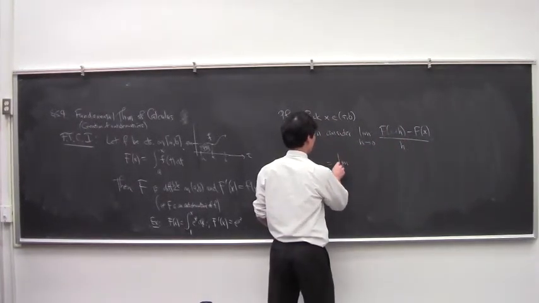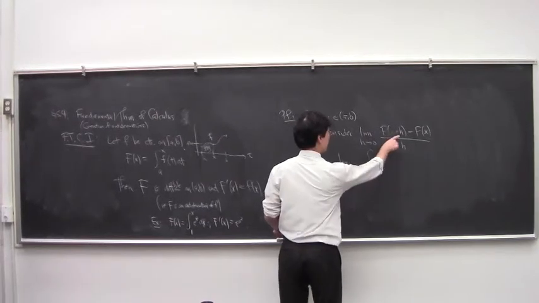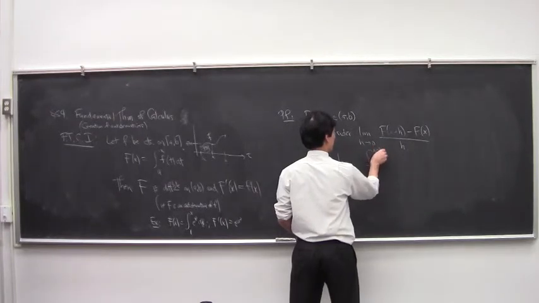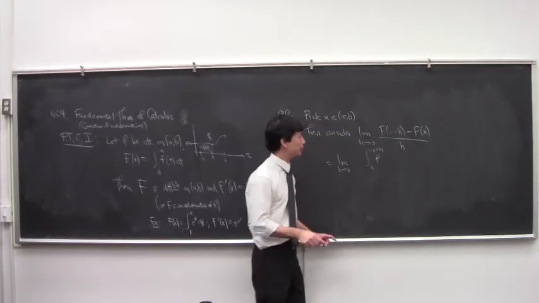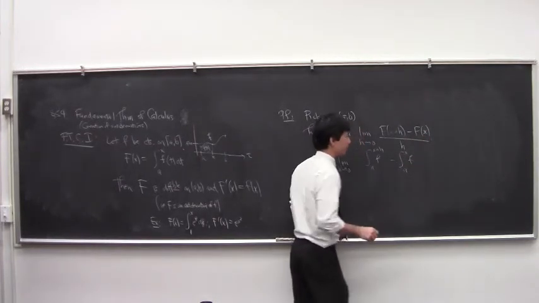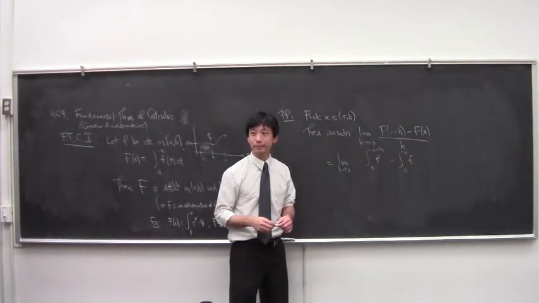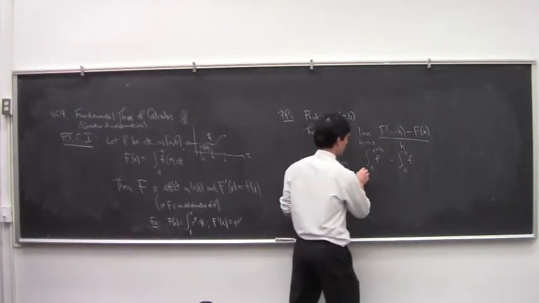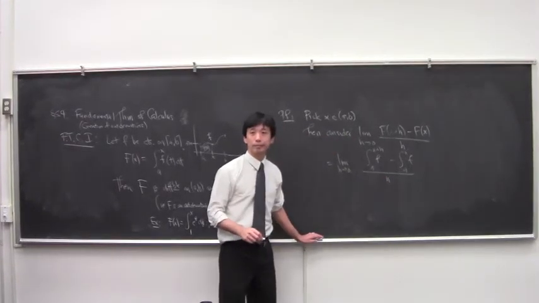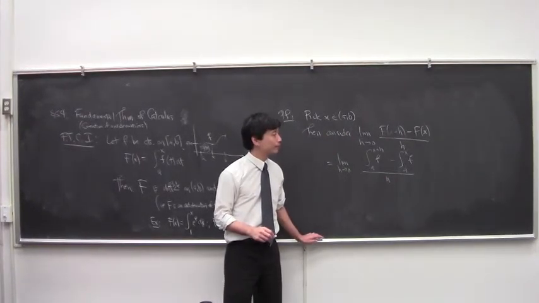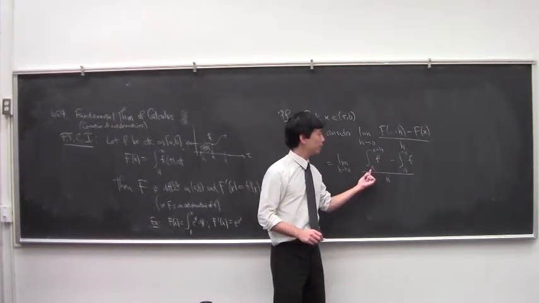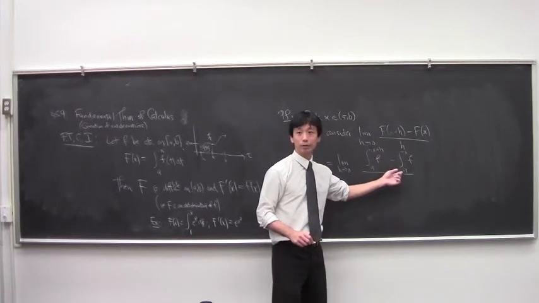So that's going to be the integral, right? Capital F of x plus h is the integral of little f from a to x plus h. Capital F of x is the integral from a to x of f. And you're going to divide this by h. Now, what is this? The integral from a to x plus h minus the integral from a to x.